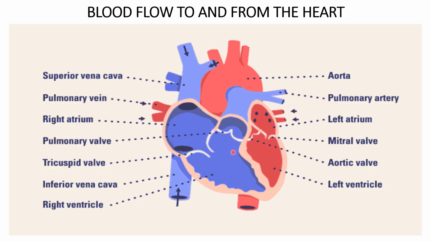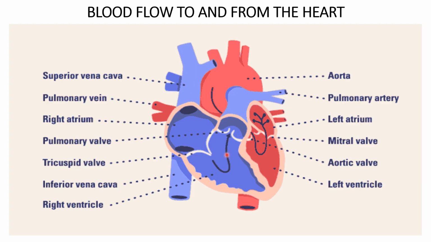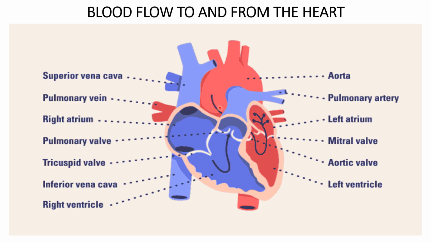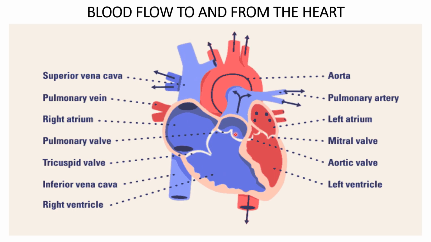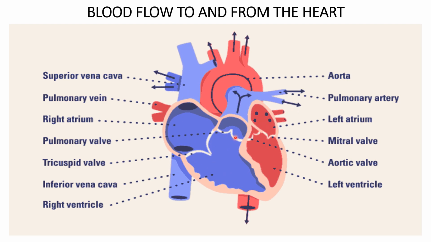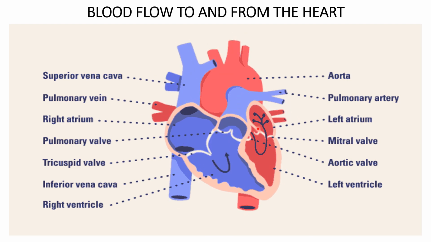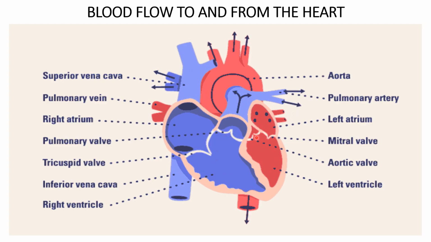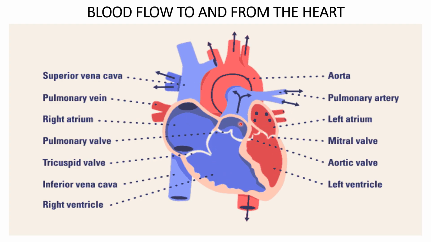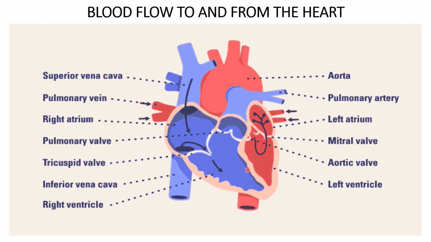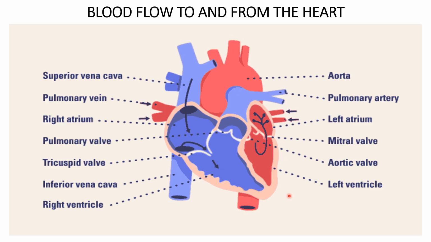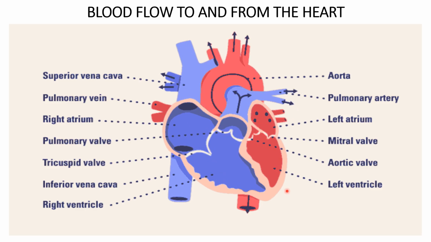Once blood is pushed from right ventricle to pulmonary artery and from left ventricle to aorta, immediately the valve present at the base of the pulmonary artery, which is called pulmonary valve, and also the aortic valve, which is present at the base of the aorta, both close, so that blood that entered through pulmonary artery and aorta cannot flow back to ventricles. So this is to show how valves open and close once blood is pushed out.